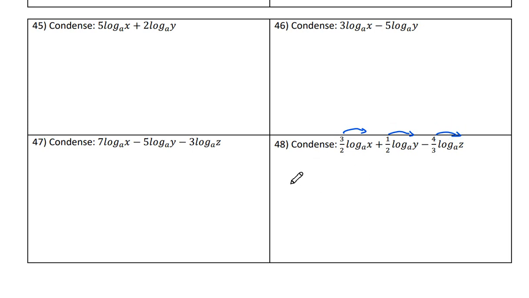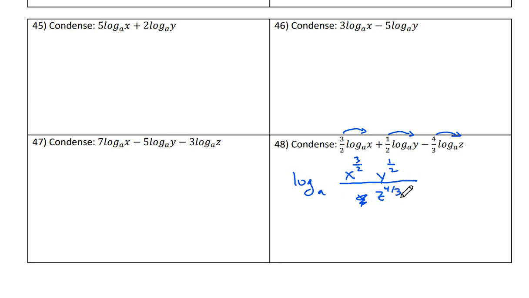So condensed into a single log, I should have only one logarithm here. Everything that's a plus is going to be in the numerator, and everything that's a minus is in the denominator. Except it's not a y, it's a z.